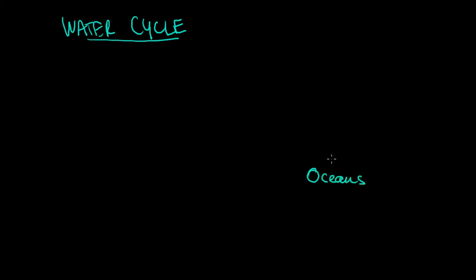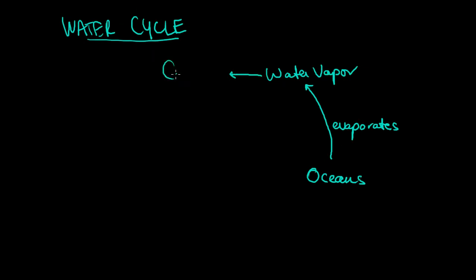Water in the oceans evaporates into the sky and goes into the form of water vapor, upon which then it condenses on clouds. So we've got condensation, or becomes clouds, condenses on dust particles, and then precipitates down, I guess we can label this precipitation.